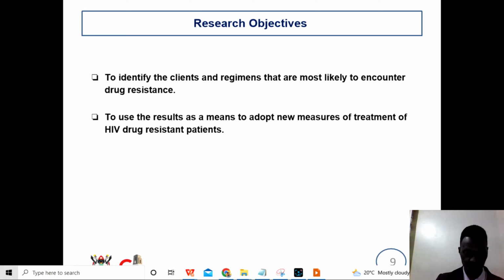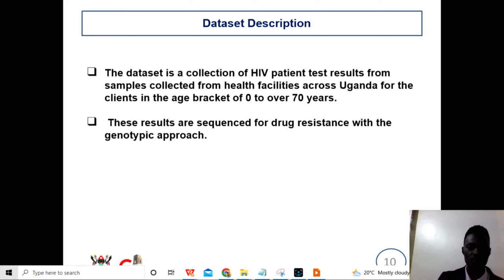We also have to use the results as a means to adapt new measures of treating HIV drug resistant patients. We used the data set we collected of HIV patient test results from samples collected from different health facilities across Uganda, for ages 0 up to 70 years.